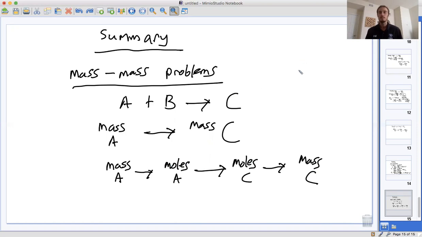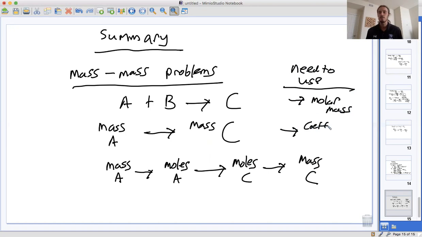You need to know how to use the molar mass, and you need to know how to use the coefficients. Okay, and so these coefficients allow you to set up what's called a molar ratio, right? The ratio of moles of one substance to moles of another based on that balanced chemical reaction.